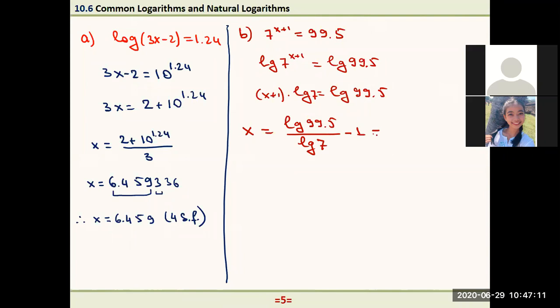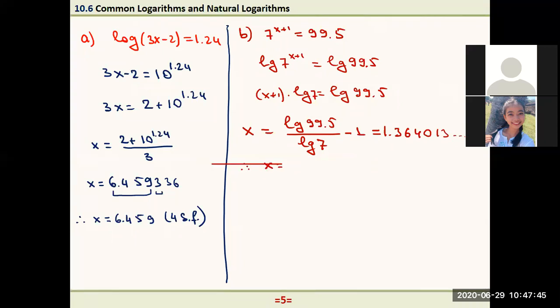So now if you evaluate this, logarithm of 99.5, and here we have minus 1, which is equal to 1.364013 and so on.